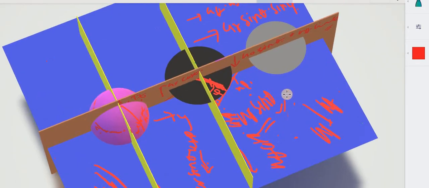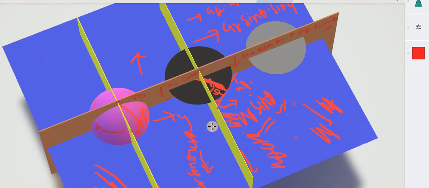Along this one component will be there, along this one component will be there. Okay, so along this, what component will be there? Along this and along this.